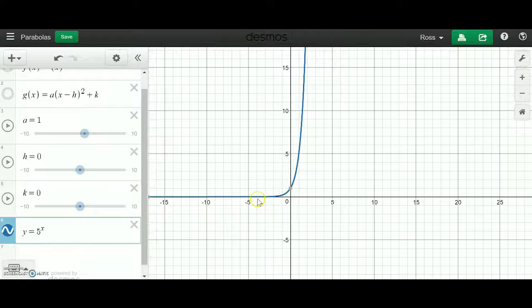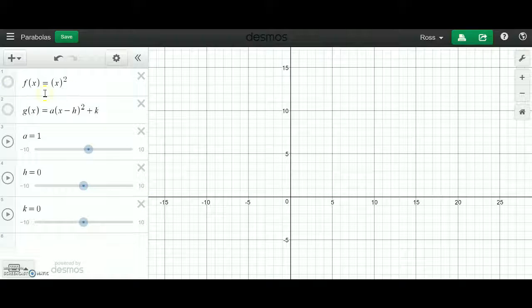This is always increasing, or it would always be decreasing if it were reflected across the x-axis. But for quadratics, they change. We're decreasing and then we are increasing. So that's one unique thing about quadratics compared to some of the functions we've seen so far this year.